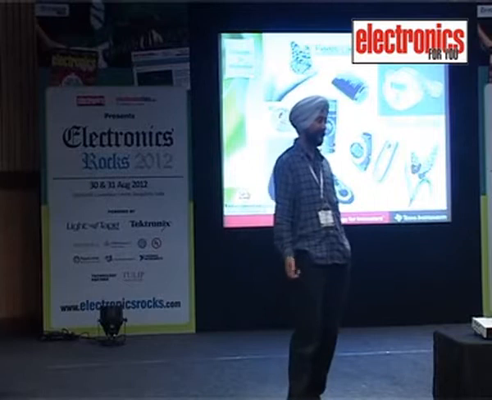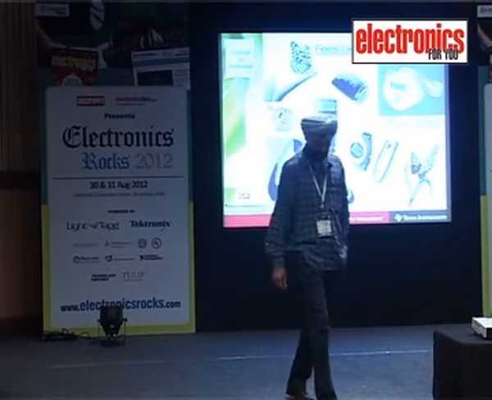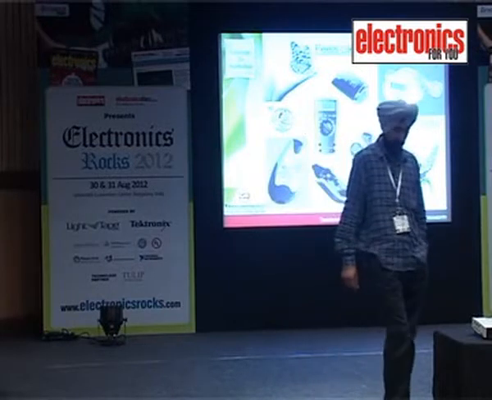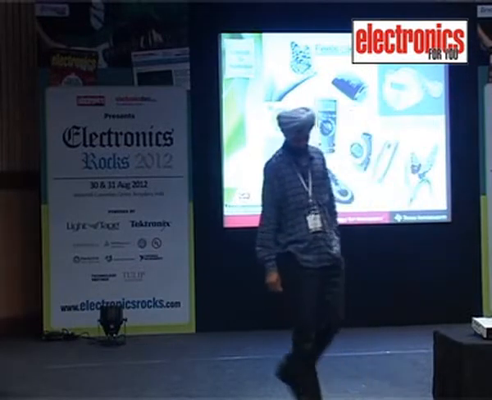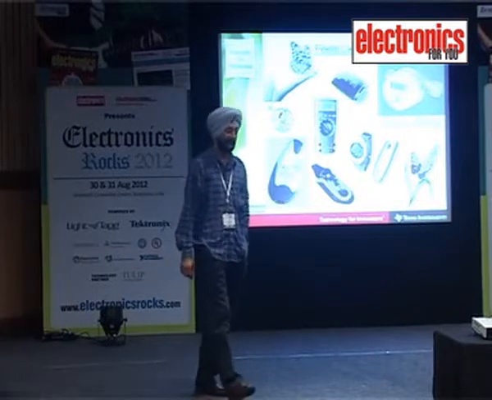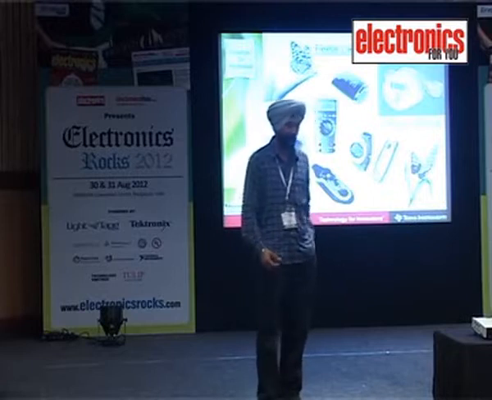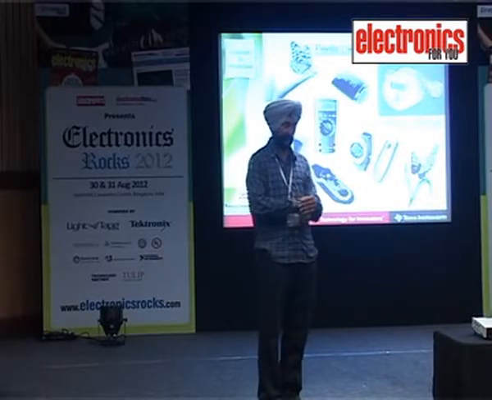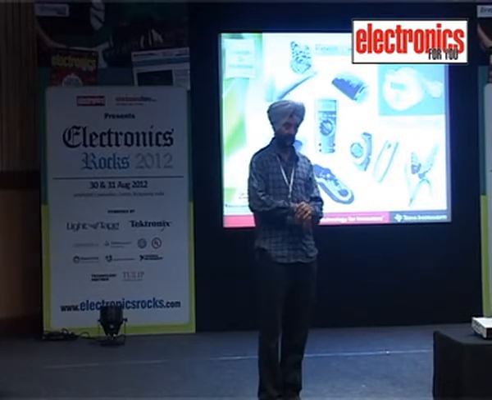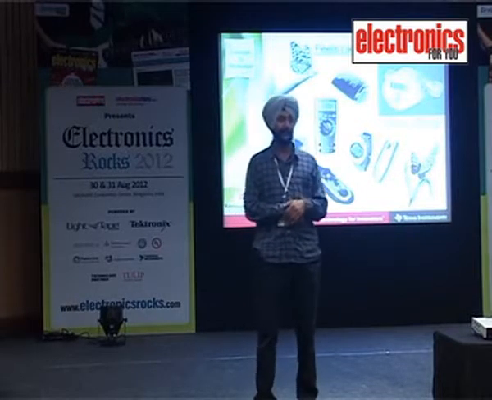So maybe I think it's a combination of accelerometer and MSP430 where you will be able to measure the flight of your step, and you will be able to measure the number of steps, and you will ultimately be able to calculate speed as well as distance, and that information we can transmit to another wireless receiver, maybe a watch, where you will be able to read your distance as well as speed.